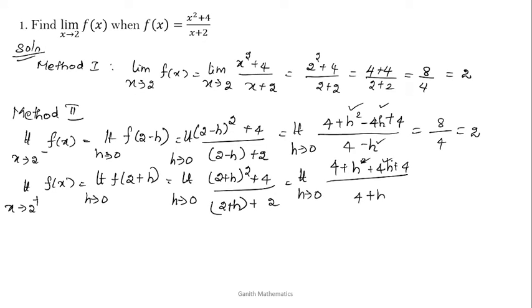When h tends to 0, these terms will be 0, so it will be 8 by 4, that is equal to 2.